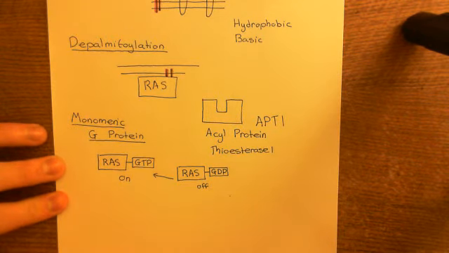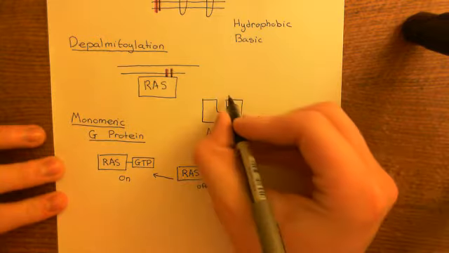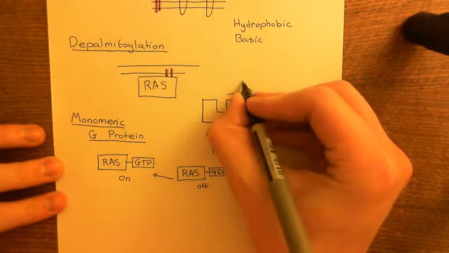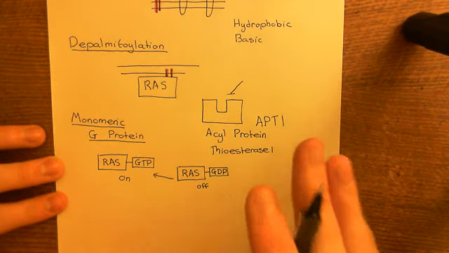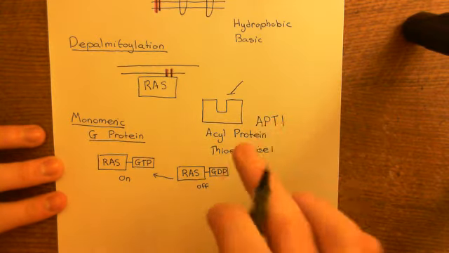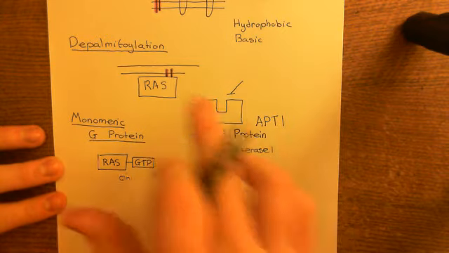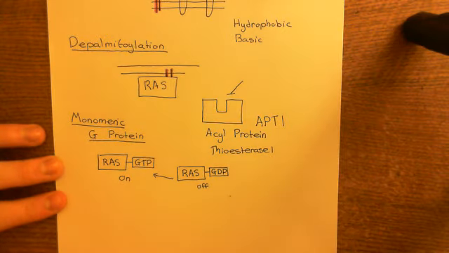One pharmacological correlate of this is that there is an inhibitor of this enzyme, acyl protein thioesterase. Now this would not be useful at all in treating cancer, it would do quite the opposite. If anything you want to activate this enzyme to reduce the expression of the RAS protein at the plasma membrane.